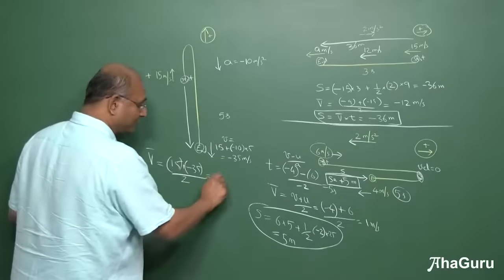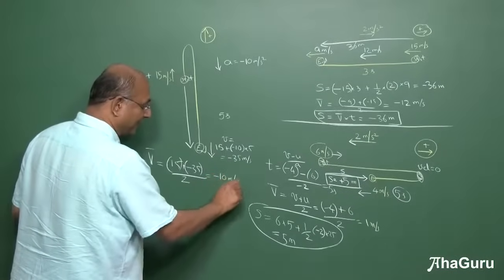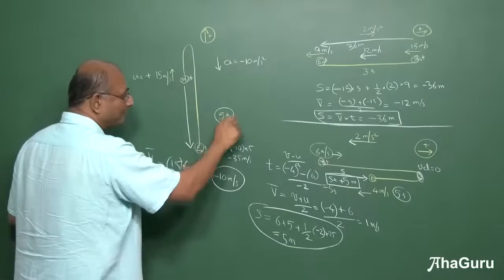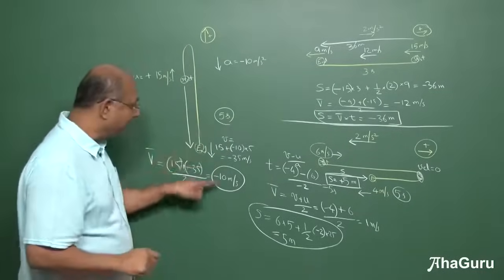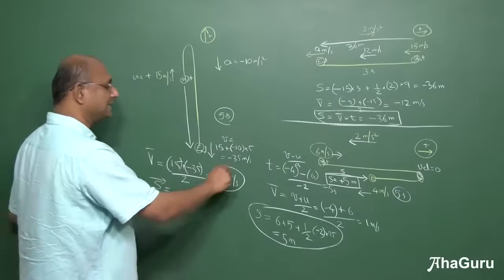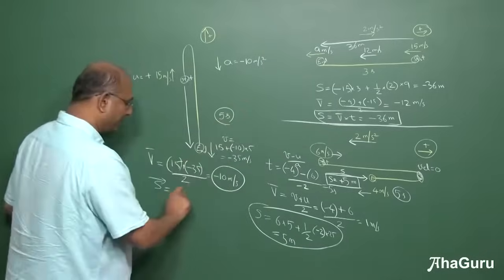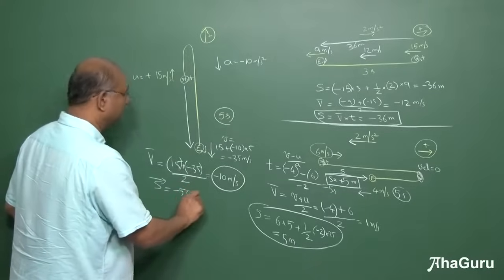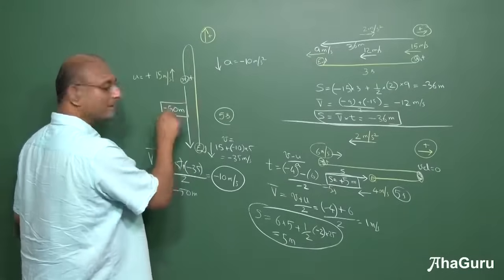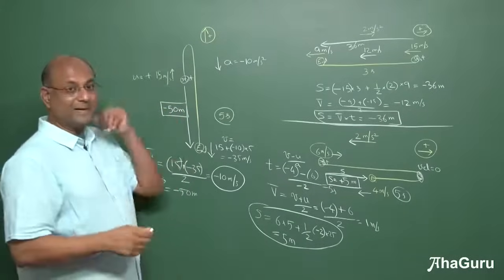Minus 20 by 2 is minus 10 meters per second. Average velocity is minus 10 meters per second. Time is 5 seconds. Displacement must be equal to minus 10 into 5, minus 50 meters. This is minus 50 meters. Is it negative? Yes, it is downward, so it must be negative.